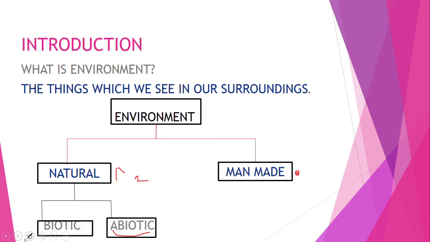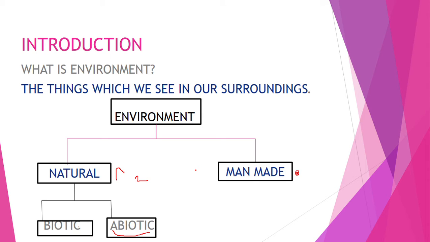Biotic are the natural substances which have lives, which are plants and animals; they come under biotic because they have life. But abiotic are natural substances which don't have lives. Example: sun, clouds, rock. They are natural but they don't have life.